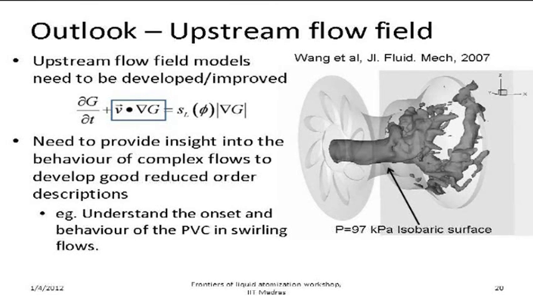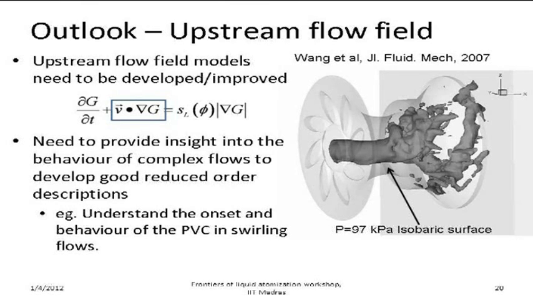But in a real combustor, with swirl, you get these unsteady structures. For example, this is a picture from this paper by Shanwu Wang, and it's essentially a visualization of the precessing vortex core in a non-reacting swirling combustor.